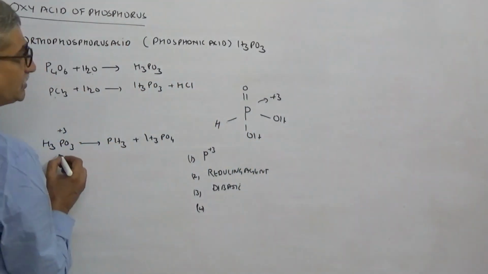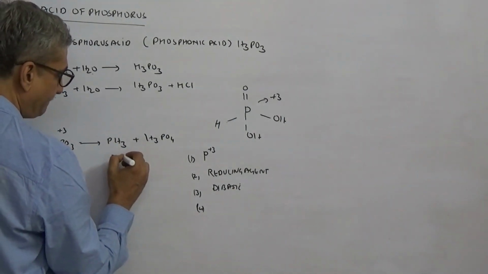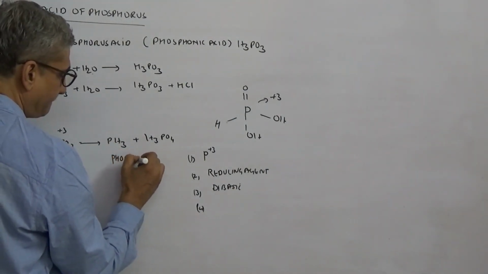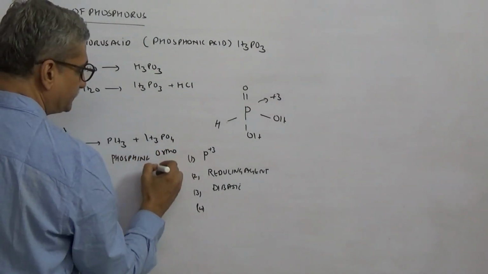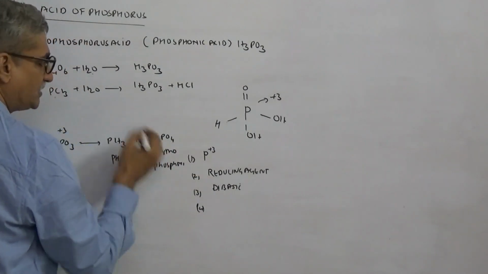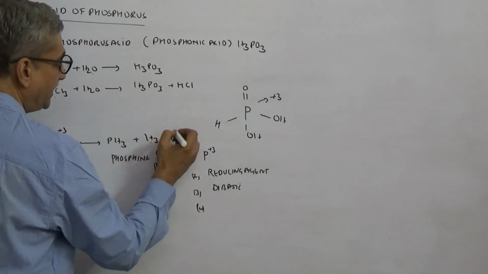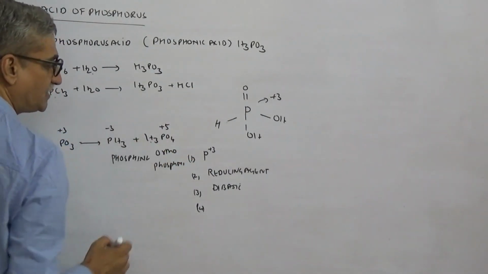So H3PO3, that is phosphonic acid, decomposes to form phosphine and orthophosphoric acid. So here we will have, this is +3 and this is -3. So this is phosphorus +5, this is phosphorus -3.